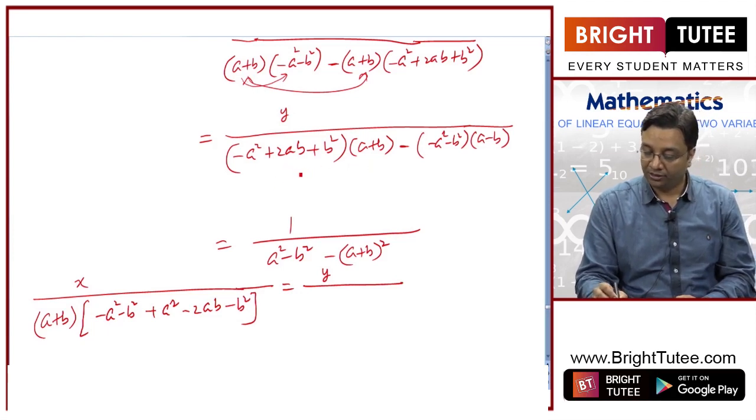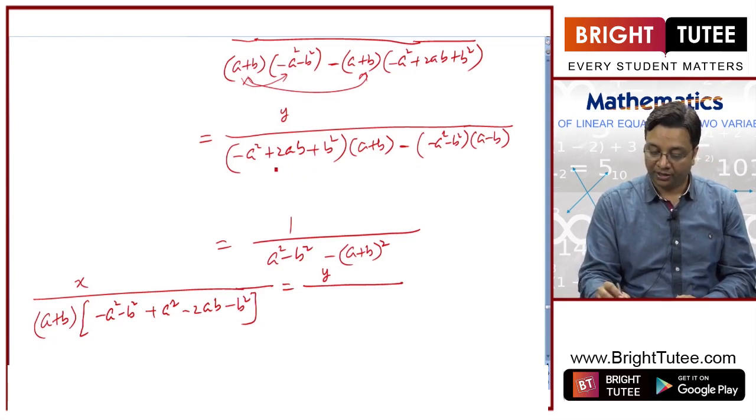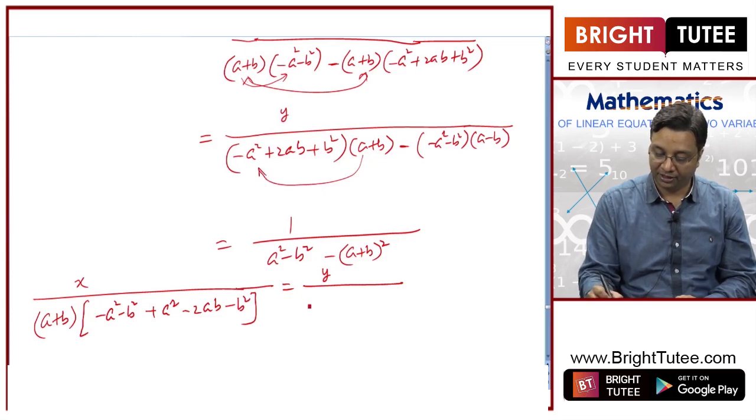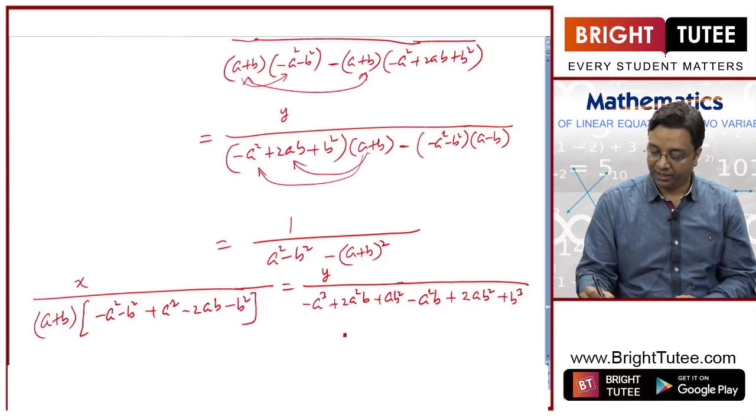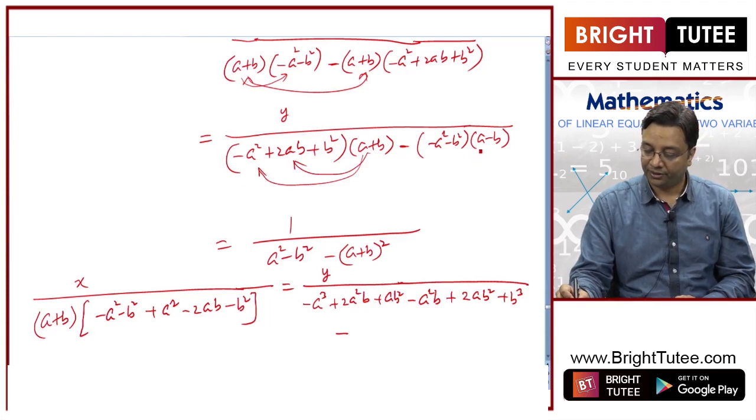now what you cannot take common, a plus b cannot be taken as common from these, so we will have to multiply. A when multiplied with this will give you minus a cube plus 2a square b plus ab square, minus a square b plus 2ab square plus b cubed, and then minus a minus a square.